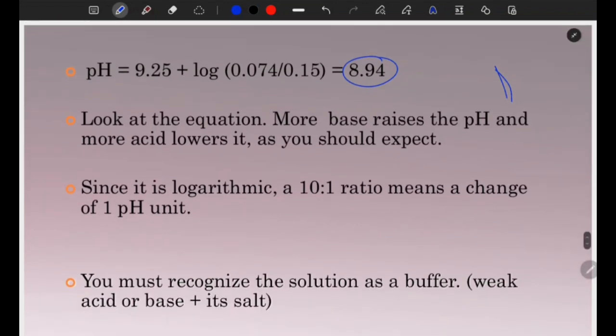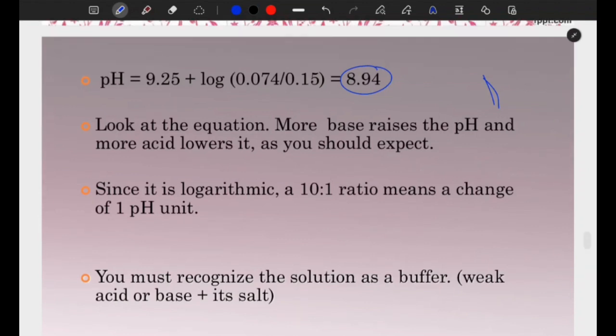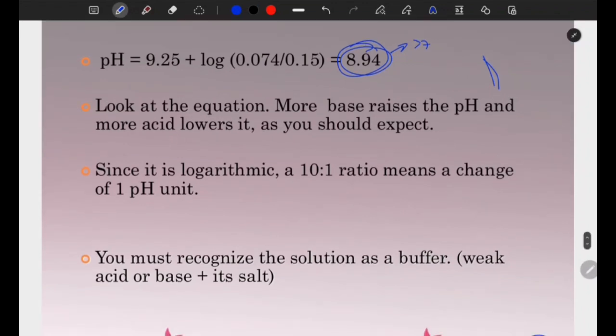Based on the equation, it means that we have more base compared to acid, so that's why our pH value here is more than 7, meaning it is alkaline, more toward base. Since it is a logarithmic 10:1 ratio, it means a change of 1 pH unit.